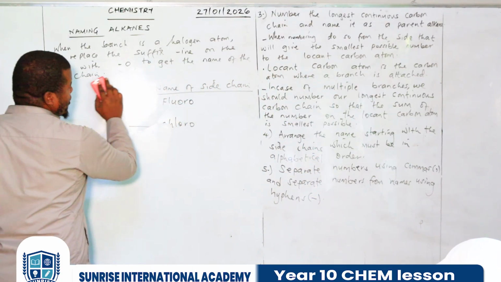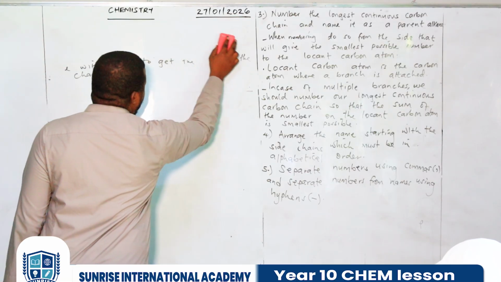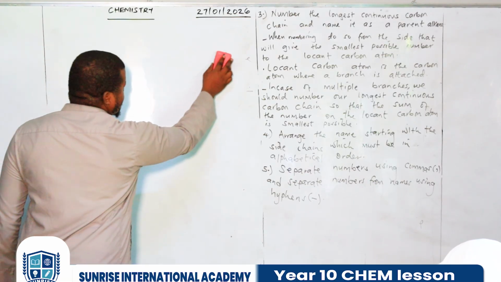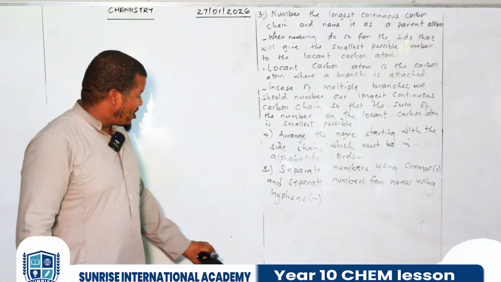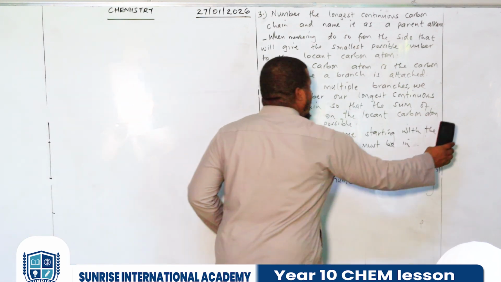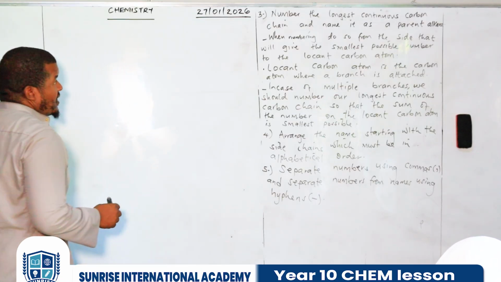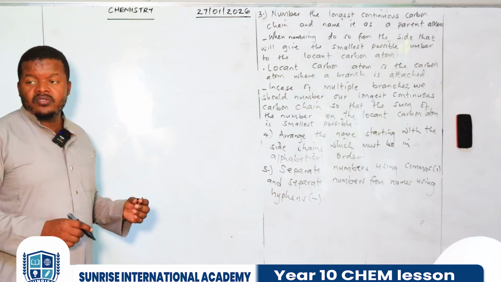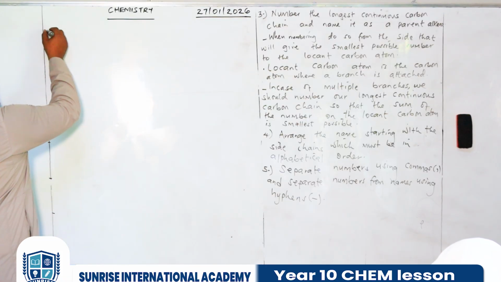Let's go to rule number 6. There are 7 rules I'm going to give you. These rules will help you when naming organic compounds, be it alkanes, alkenes. These are the rules to follow. Rule number 6.